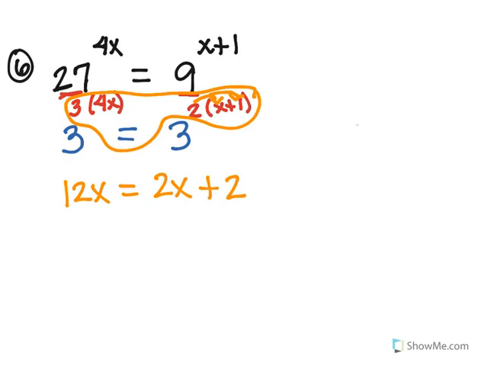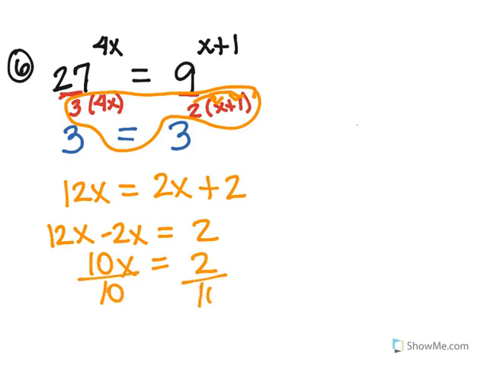So I'm going to solve for x, put my x's together. 12x minus 2x equals 2. That will give us 10x equals 2. We're going to divide by 10 and reduce. 2 over 10 reduces to 1/5. So x is 1 over 5.